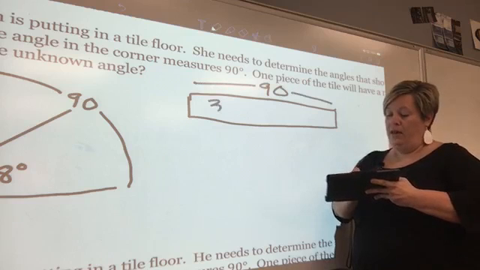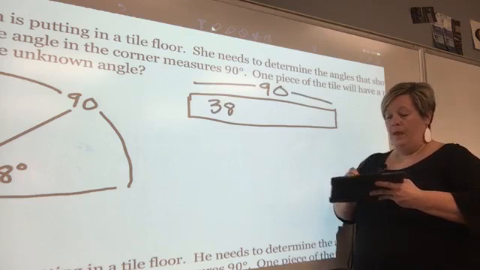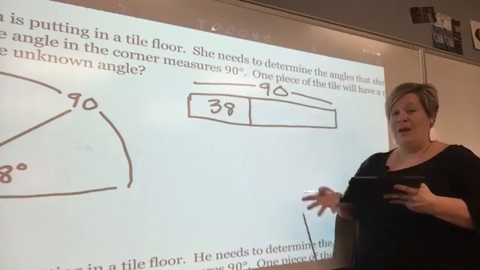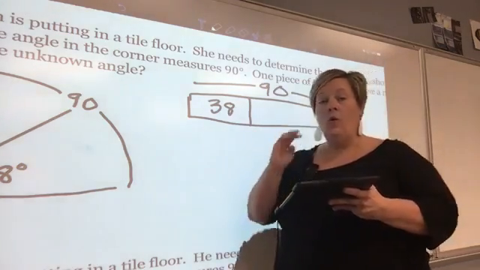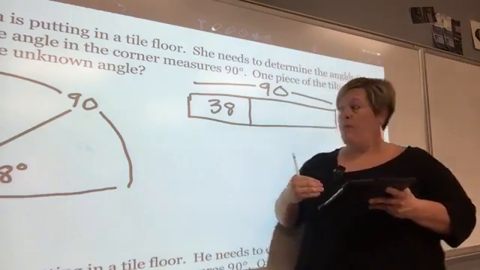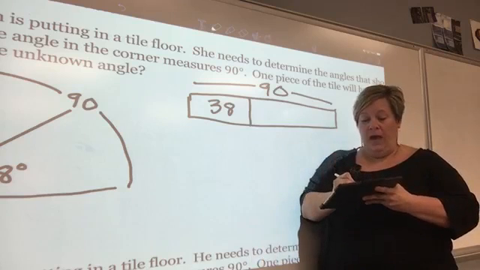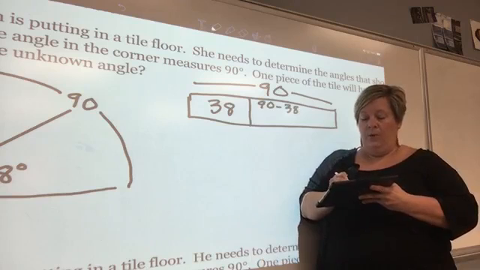We are given 38 of that. So we need to know, what does the rest of this measure to fit into the corner that our tiles are being cut for? So to find that, we would just use simple math. 90 minus 38, and we get 52 degrees.